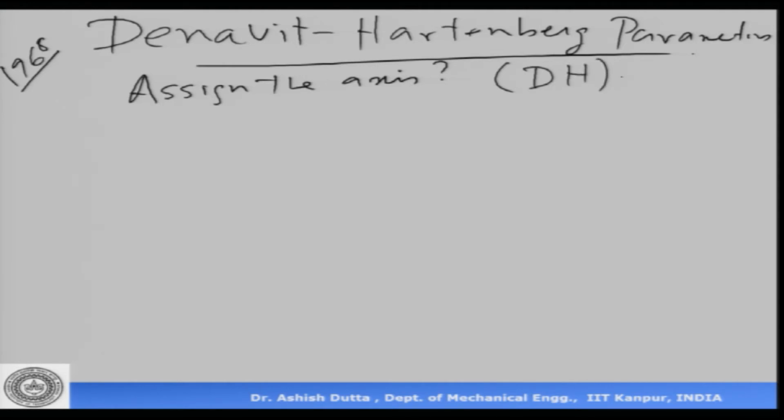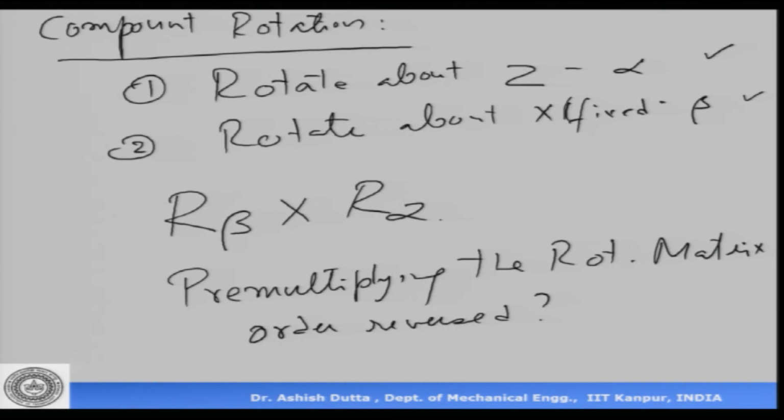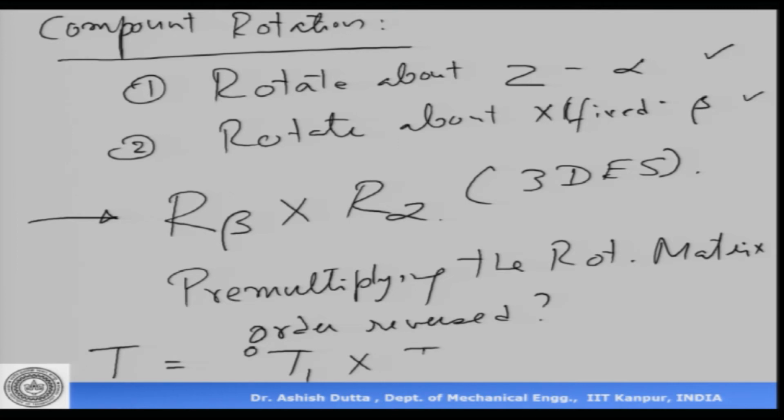This in short is called the DH convention, the DH matrix convention, in short called DH. Now, one point before we proceed is that when we are multiplying rotation matrices in 3-dimensional Euclidean space, we pre-multiply. But when you are multiplying the homogeneous transformation matrix, for example, my matrix T, in that case we do not change the order. So, please do remember this.